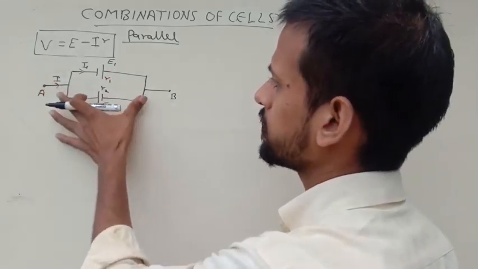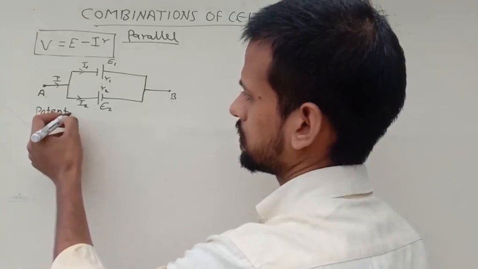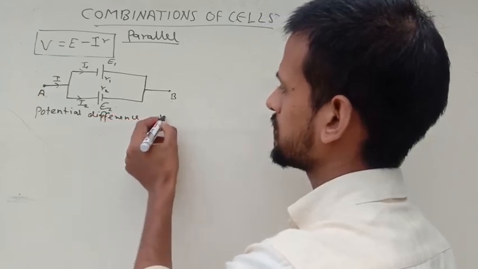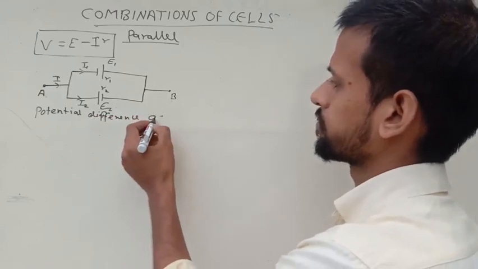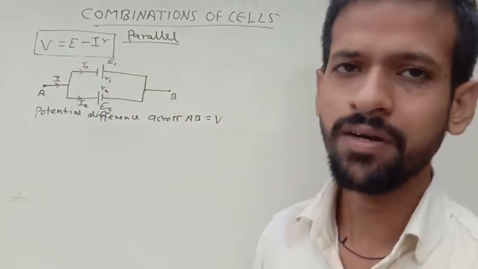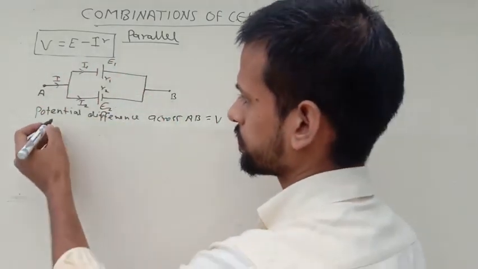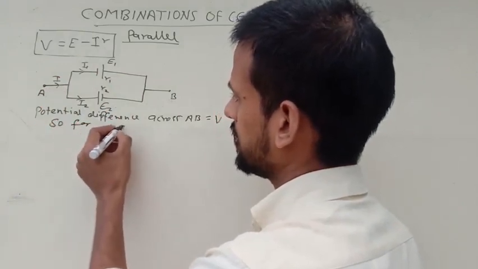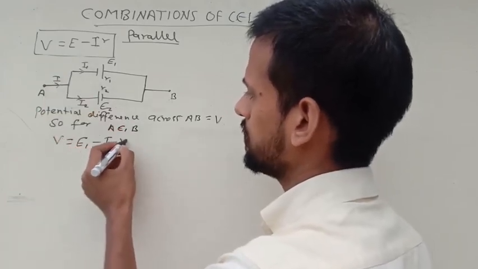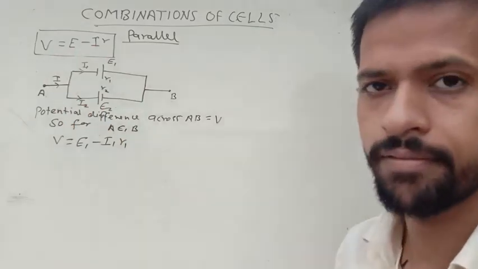So the potential difference across AB is V. Now we write this formula for the path through E1, V is equal to E1 minus I1 R1, where this is I1, E1 and R1.